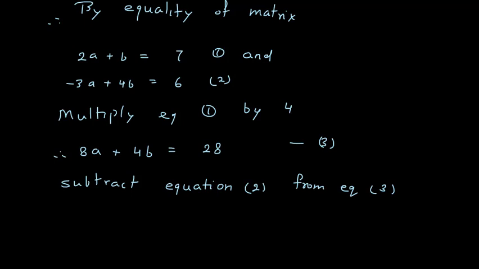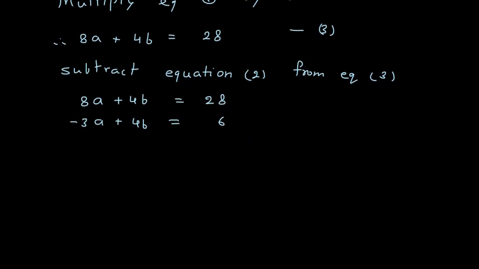So first we will write equation 3, which is 8a plus 4b equal to 28. Then we write equation 2, which is minus 3a plus 4b, and this is equal to 6.